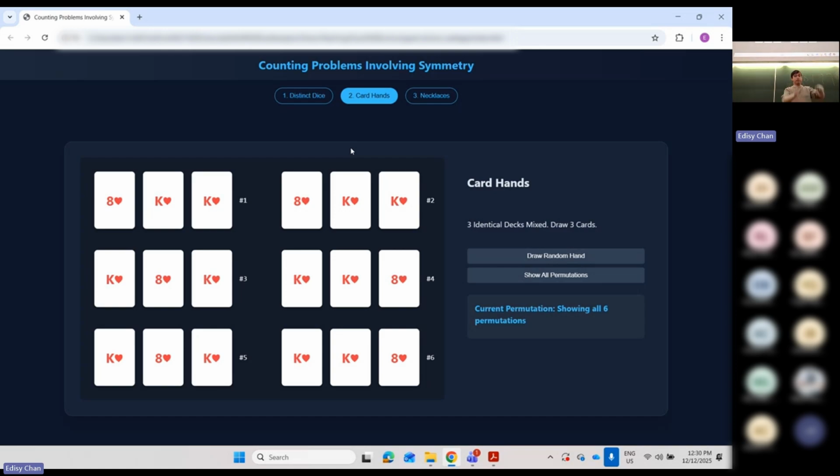So if we put the arrangement such that the first one is the 8 of hearts, and the second and third are also kings of hearts, then if we consider the permutation where we don't move the 1 but just swap the 2 and 3, this permutation actually fixes this element.